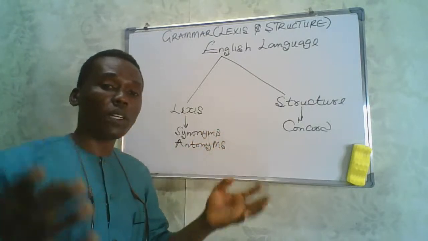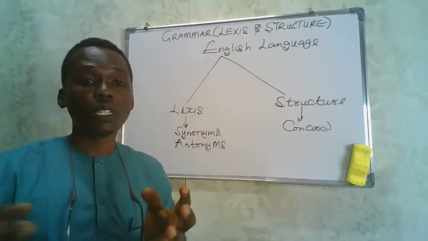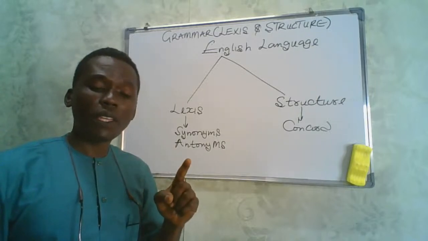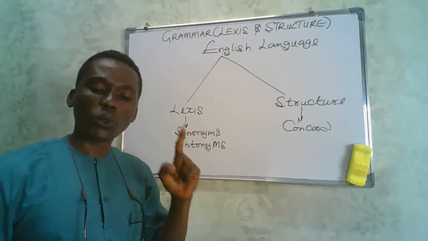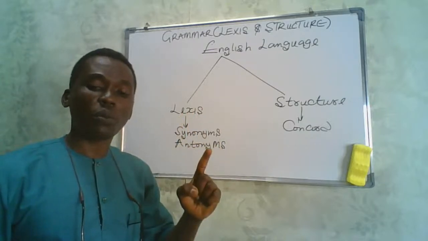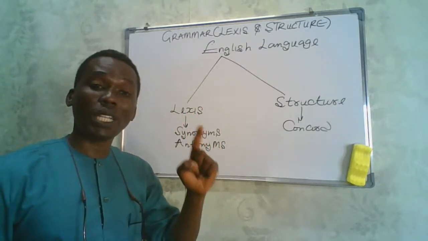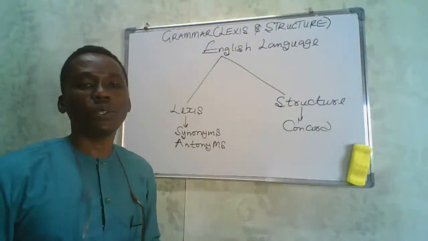The lexis comes together to form the structure of the language. Now, I repeat, if you do not know if a question is lexis or structure, or what topic under lexis or structure that question is, then the answer can never be yours.